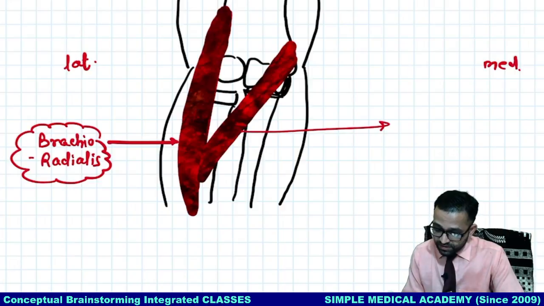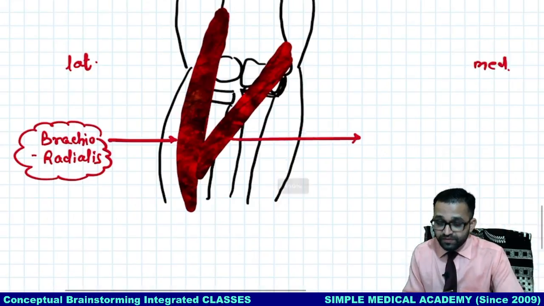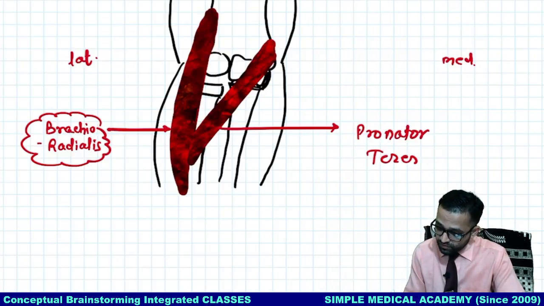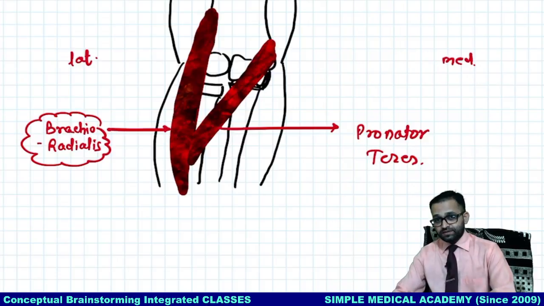And this muscle is responsible for the pronation, that's why you say pronator, wide triangular muscle, that's why teres.